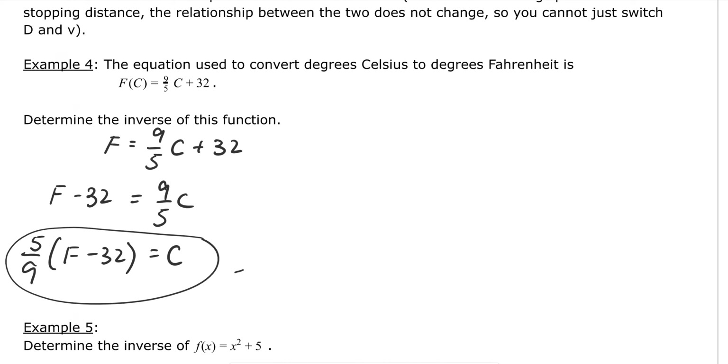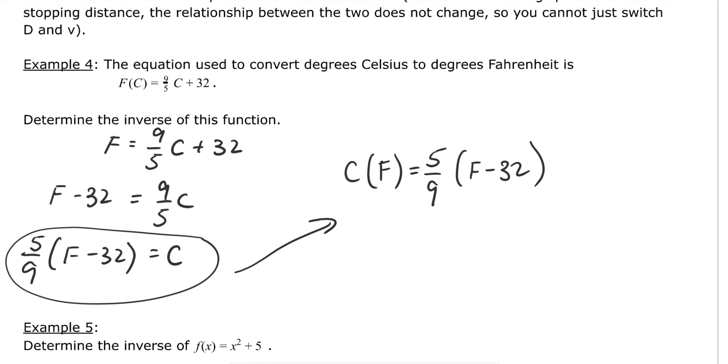Okay, and so I can write this as C as a function of F equals 5 over 9 (F minus 32). Okay. And that's how you do that.